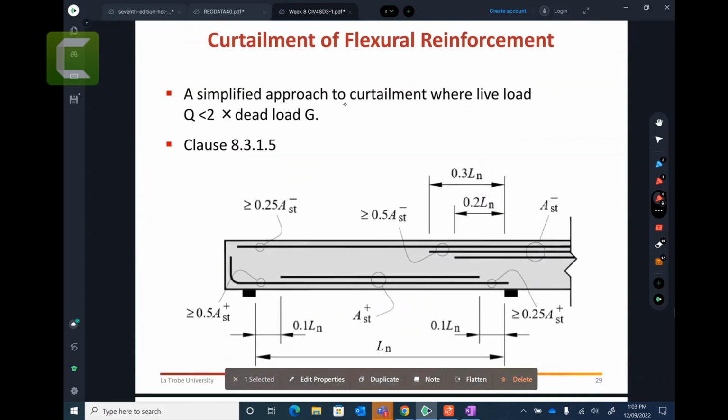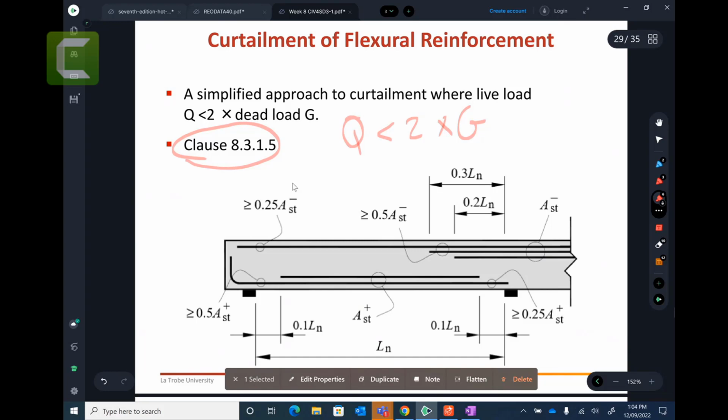So, a simplified approach to curtailments, where the condition is that the live load should be less than the dead load. When you have these situations, you can use clause 8.3.1.5. Let me take you through clause 8.3.1.5.